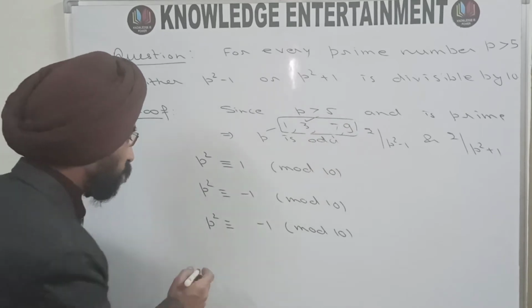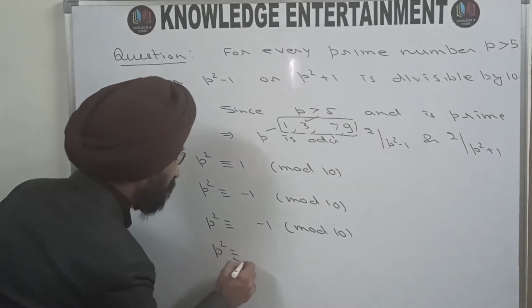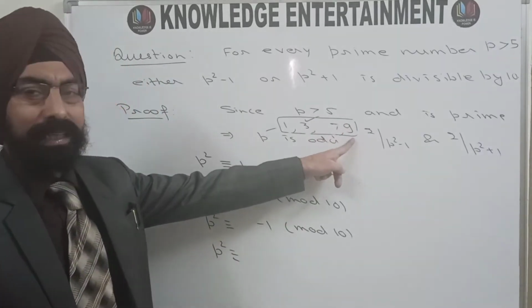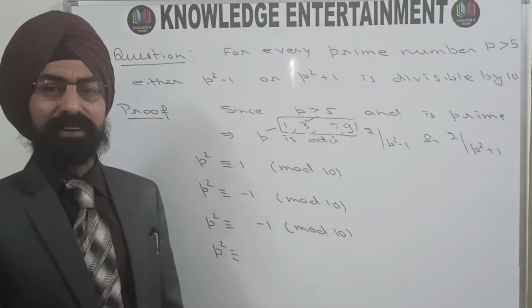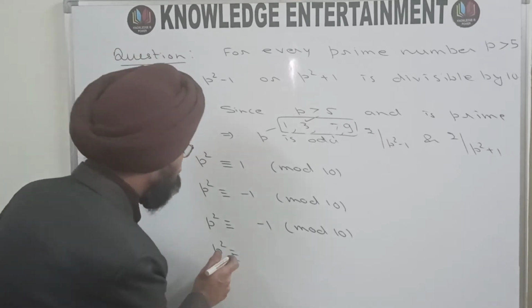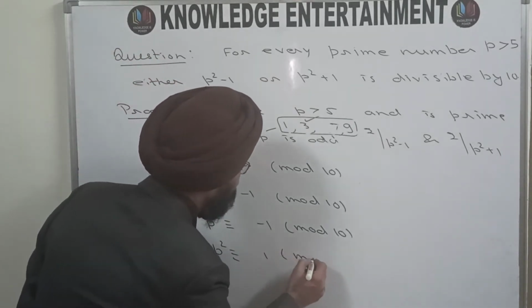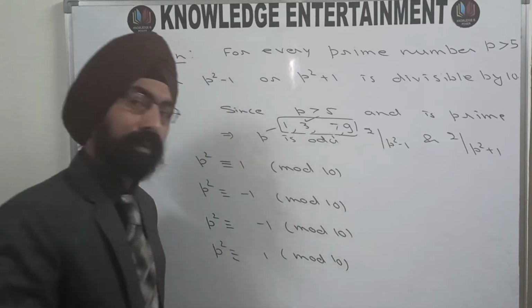Now fourth, your p is congruent to 9 modulo 10. So what will happen to p square? 9 9s are 81. So what is the units digit? It is 1. So your p square is congruent to 1 modulo 10.